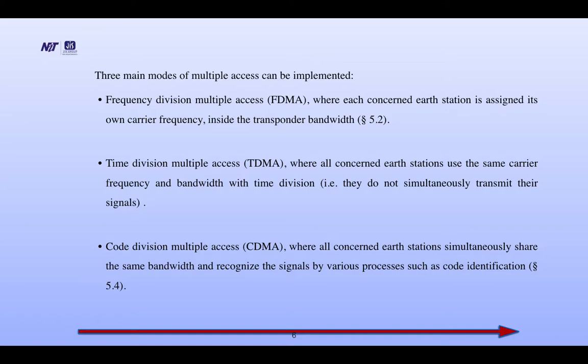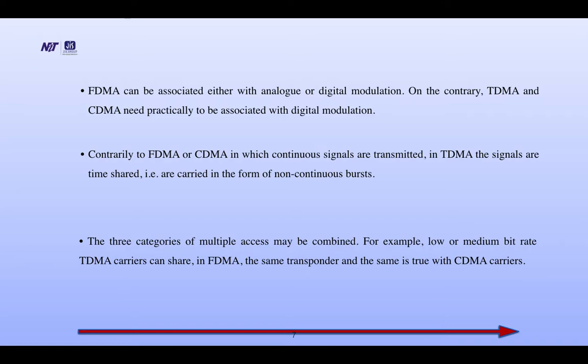Time division multiple access, TDMA, where all concerned earth stations use the same carrier frequency and bandwidth with time division, that is, they do not simultaneously transmit their signals. Then code division multiple access, CDMA, where all concerned earth stations simultaneously share the same bandwidth and recognize the signals by various processes such as code identification.